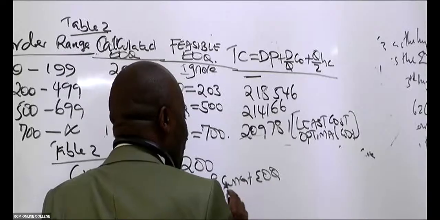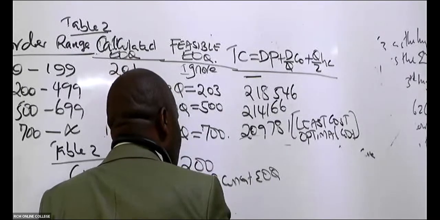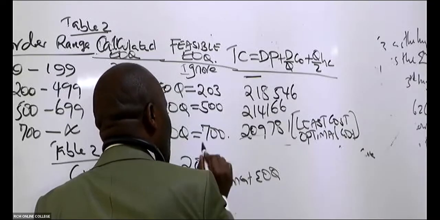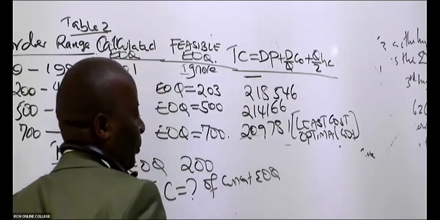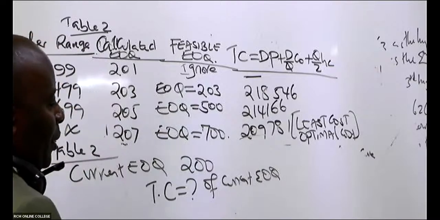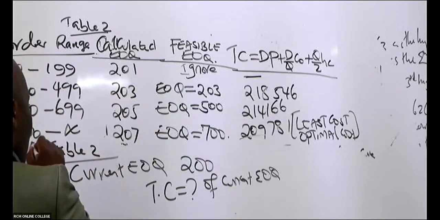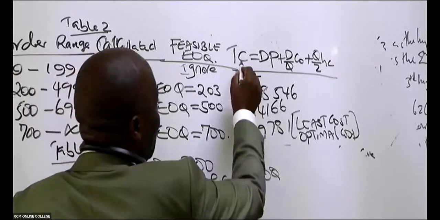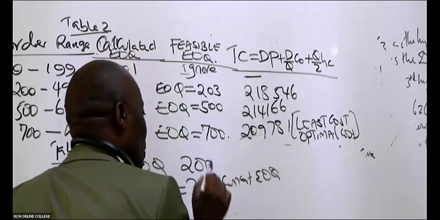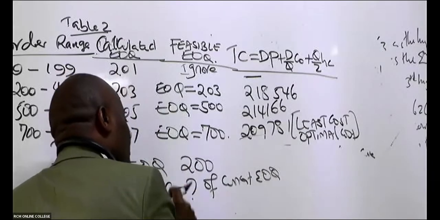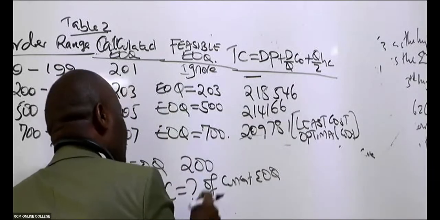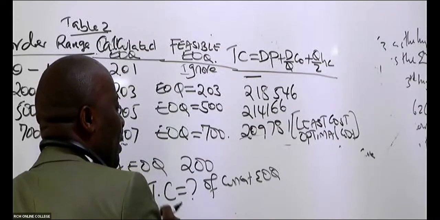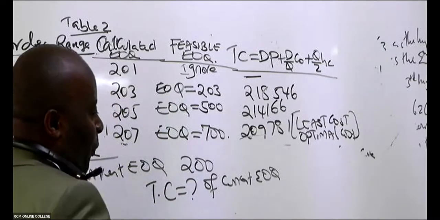However, this is only done if the current EOQ does not attract a discount. The current EOQ is only evaluated if it doesn't attract a quantity discount.